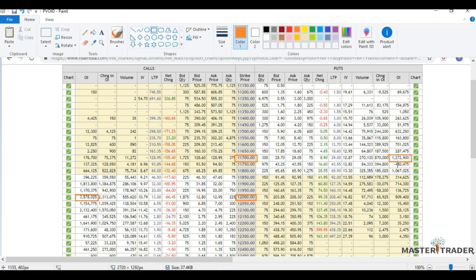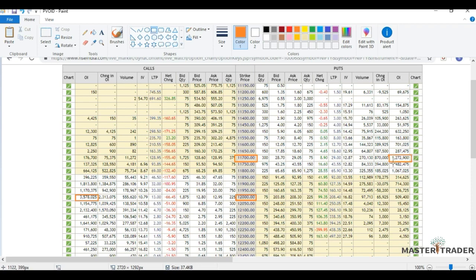If we have positive open interest on the put side, and this data is of writers, of sellers, that means this much interest is there to write put options, to sell put options.